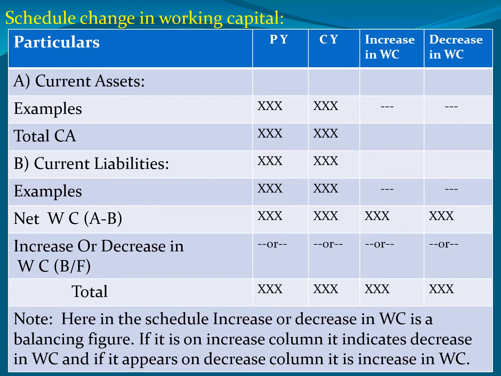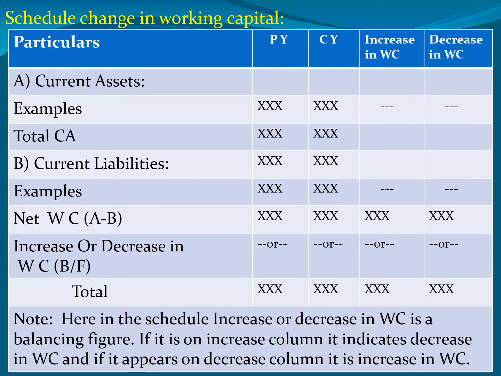Leave one or two lines of space, and down below you write a grand total. In the grand total, the greater total will be written. Suppose net working capital in previous year is 50,000, current year is 70,000. So in grand total, you write 70,000 in previous year and current year columns. Then you have to find the difference. How do you do it in a ledger account?